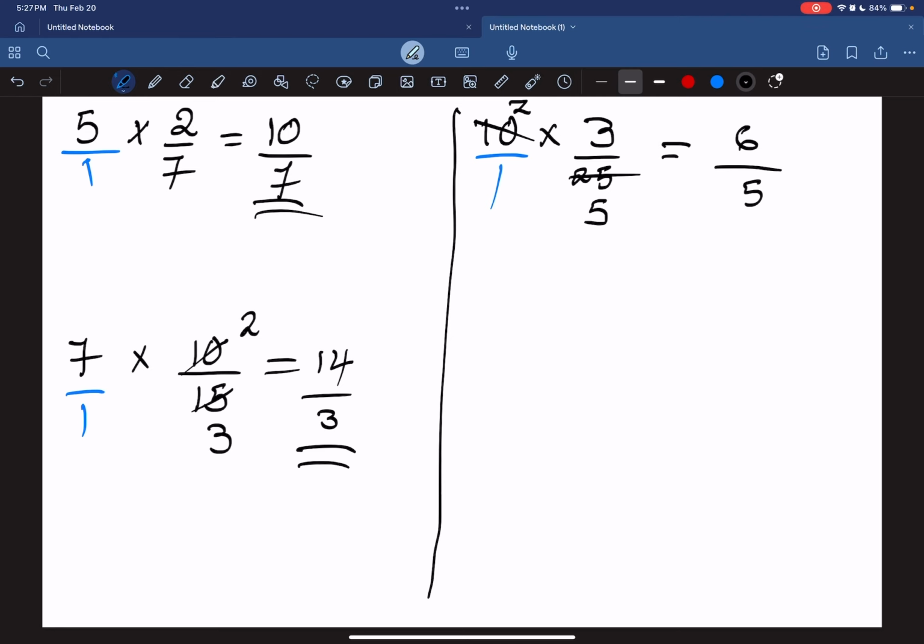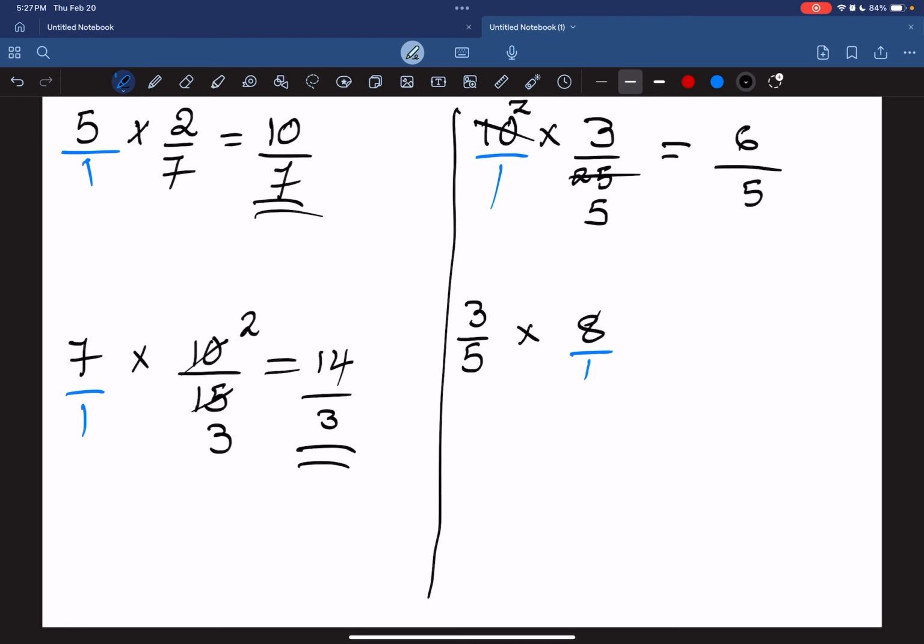Lastly, let's look at the next one. Let me turn it around this time. Say I have 3 over 5, and I'm going to multiply that by 8. Start by doing the normal thing again, putting it over 1, and check to see if anything can be reduced.